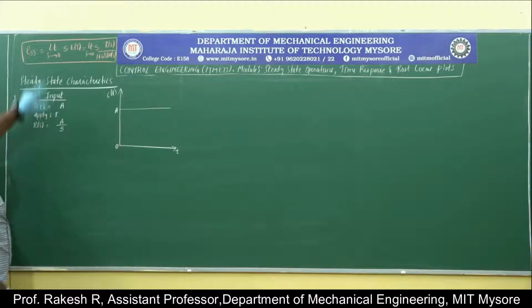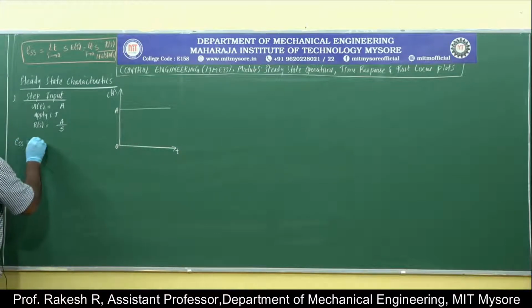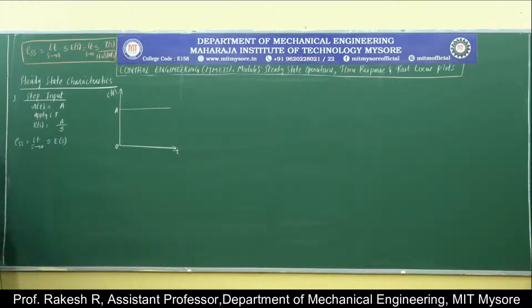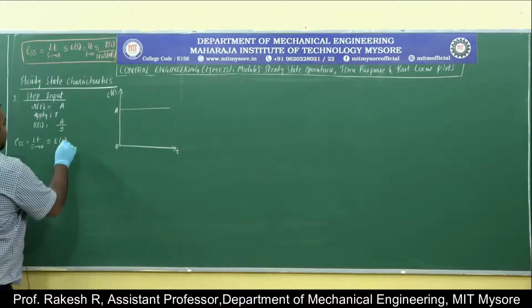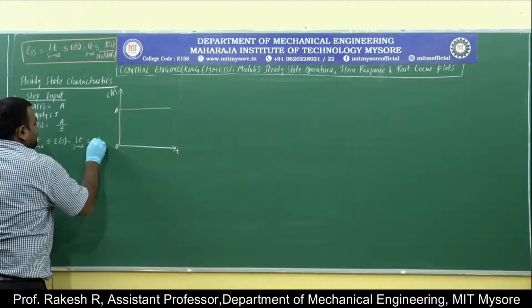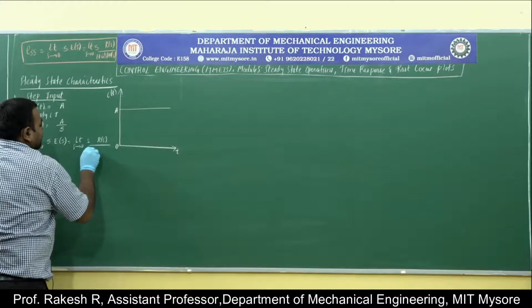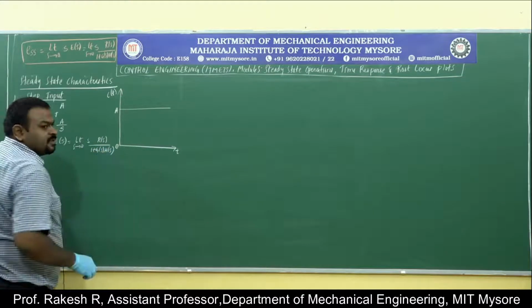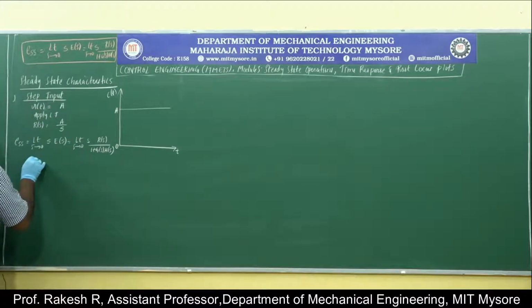Let us see what the steady state error is. Steady state error will be limit of S tends to 0, S into E of S. What is E of S? E of S will be equal to S into R of S divided by 1 plus G of S into H of S. I will be considering the step input.